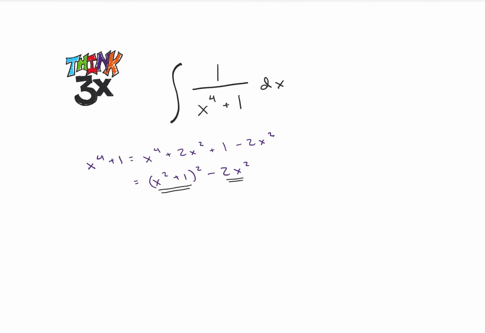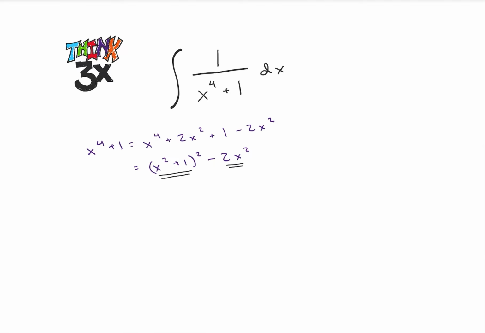So I can factor that as my first number, which is x squared plus 1, plus the square root of my second part, which is root 2x, times x squared plus 1 minus root 2x. Remember that's because a squared minus b squared is equal to a plus b times a minus b.